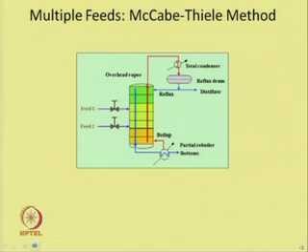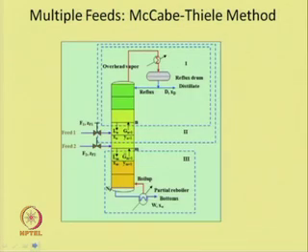So, this is a distillation column where two feeds are introduced at two different trays. Feed 1 and feed 2 should have different compositions, and then two feeds we can handle in the same fractionator. Let us see how to handle this problem. So, we will do the material balance for each component and the mass balance.